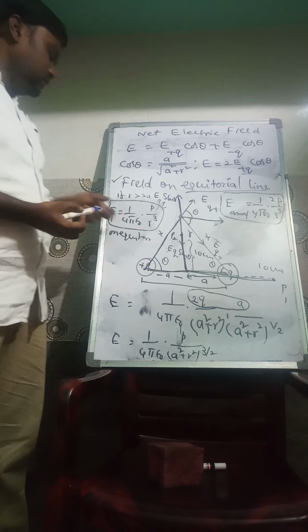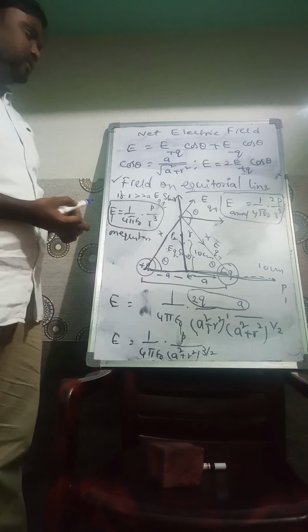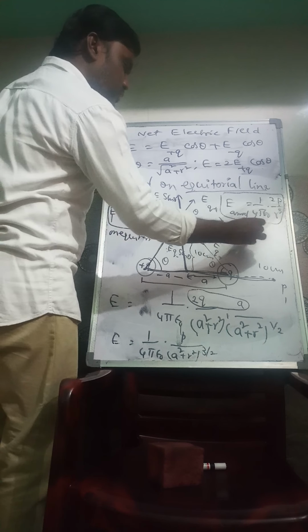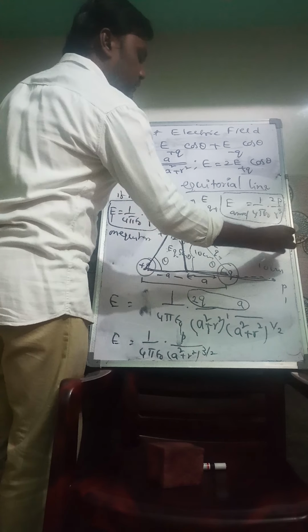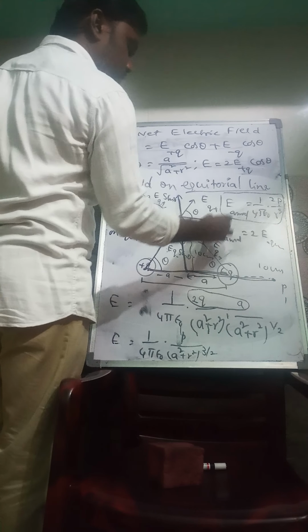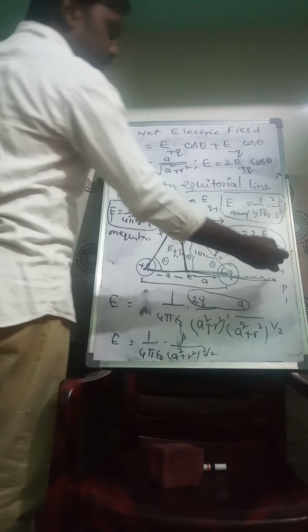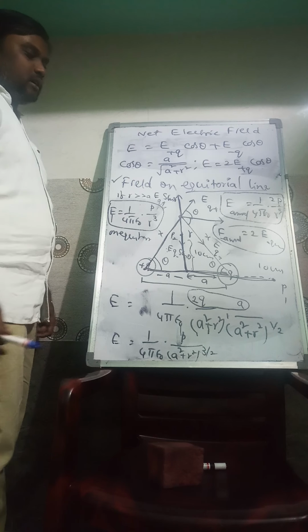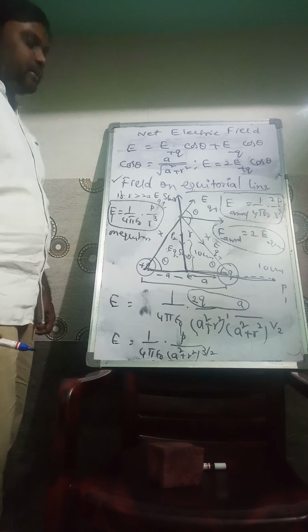By using this equation and this equation we can say, E axial is equal to 2 into E equatorial. Why? Because of this 2P. So on the axial line, the field will be 2 times stronger compared with the equatorial line.